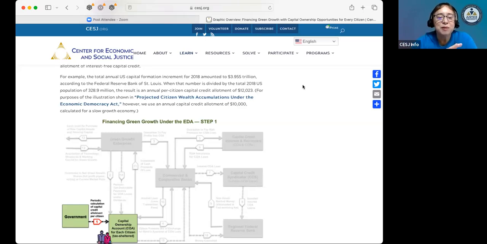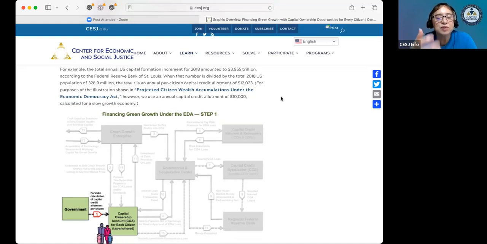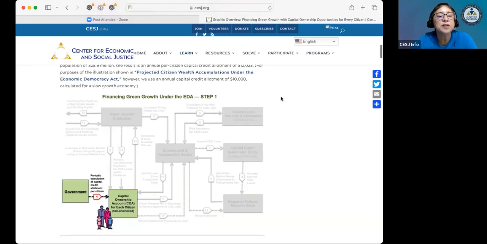And that's keeping very conservative projections, not taking into account that the economy will probably grow as you have more customers with money. But this was just to give people an idea of how much they could accumulate over their lifetime through this capital ownership account.